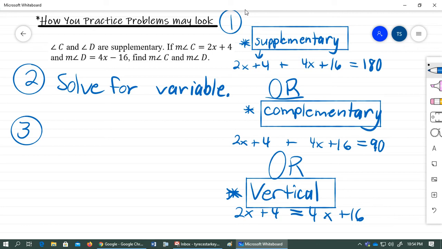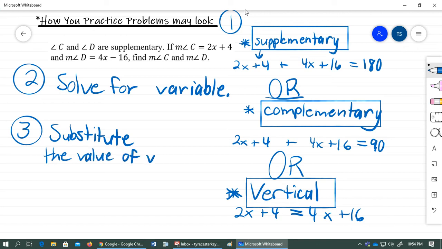All right, if it says find the measure of angle such and such, then guys, you're going to need to substitute that value of your variable. You're going to need to plug it in. And guys, we did this in several of our examples in the video today, in this lesson today. So you shouldn't have any troubles with knowing what I'm talking about. So you're going to substitute the value of the variable to find the measure of the angle if they ask you for it.